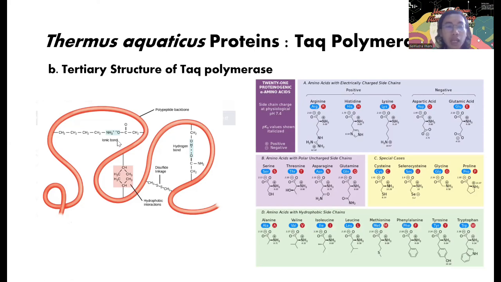For example, ionic bonds form when positive and negative charges attach together, and hydrophobic interactions occur between hydrophobic side chains in amino acids. Disulfide linkage, such as in methionine, because of the sulfur atoms in the amino acids, forms disulfide linkage, and hydrogen bonds involve O and H.